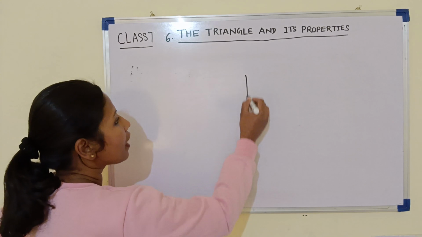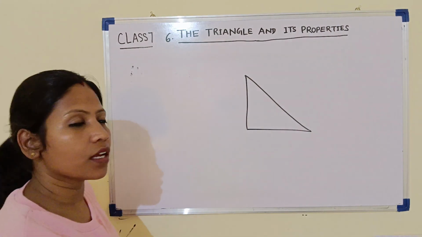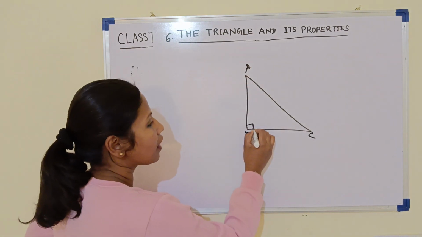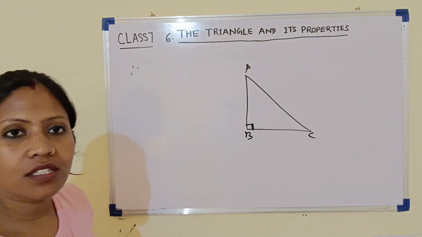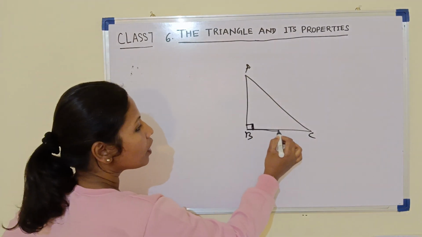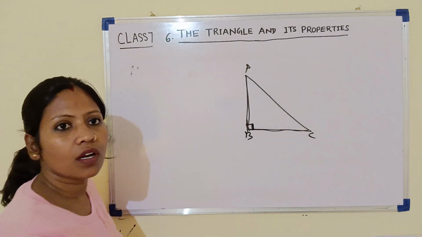Let's talk about the right angle triangle. Altitude you can make for all kinds of triangles. So this ABC is a right angle triangle. If I ask for the altitude, from A you have to draw a perpendicular to BC. So this AB itself is the altitude for BC.